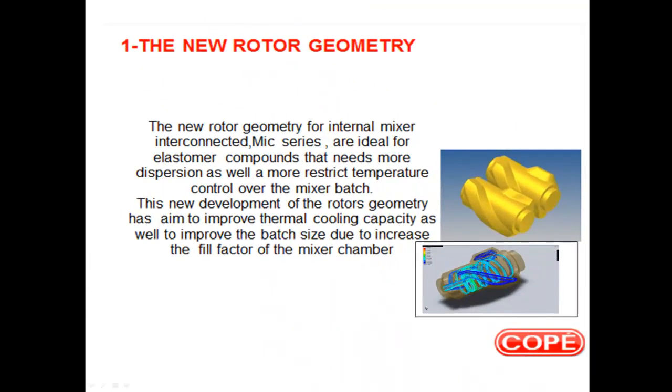The new rotor geometry for internal mixers, mix series, is ideal for compounds that need more dispersion, as well as stricter temperature control over the mixed batch. With this new development, we improve the cooling capacity, as well as the dispersion in the mixing process.